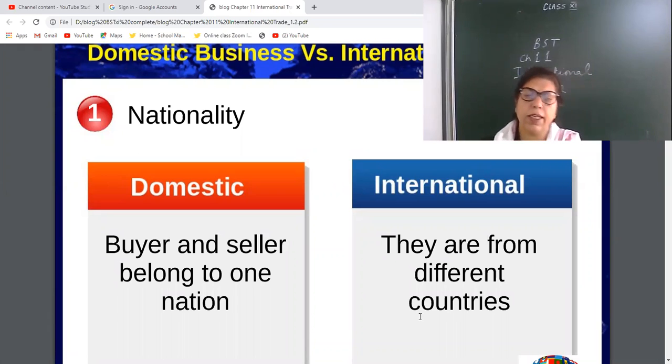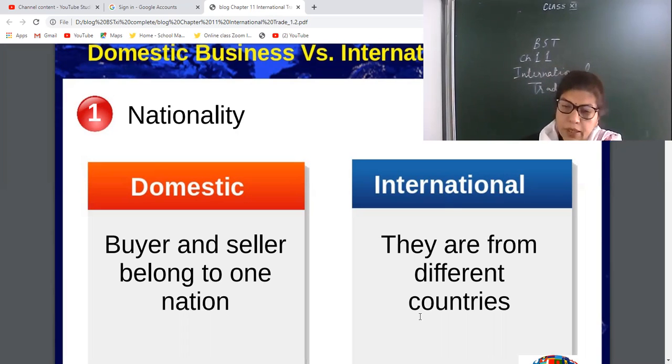First point, nationality. Nationality for domestic and international is different. For domestic, nationality means buyer and seller both belong to the same nation. Example, buyer of Kota, seller of Mumbai. That is known as domestic.